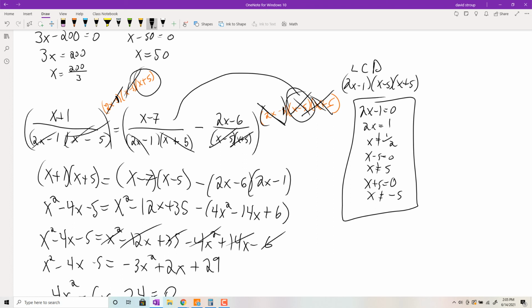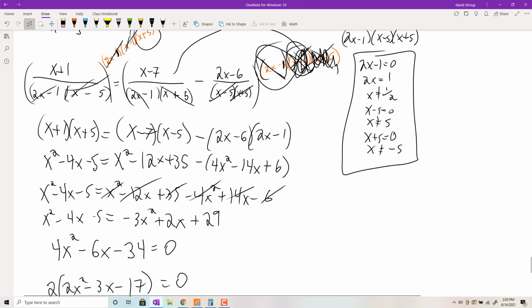Minus the 2x minus 6. So the x plus 5 and the x minus 5 will cancel, leaving me with the 2x minus 1 times 2x minus 6. Okay, so I think that's good. All right, so the signs are wrong on this. So anyway, it would be plus x plus 5x. That would be plus 6x right here, and then plus 5. So plus 6x plus 5.